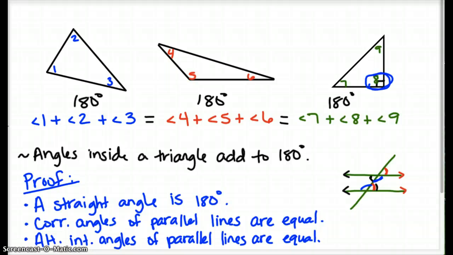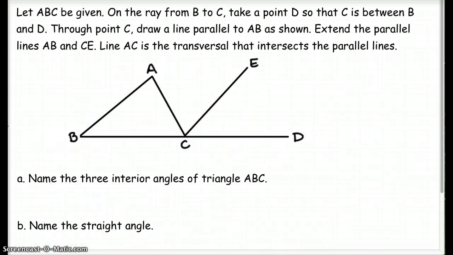Okay, so moving over to the next page, we have Exploratory Challenge One. And that says, let triangle ABC be given. On the ray from B to C, so right here, take a point D so that C is between B and D. So they've plotted that for you.